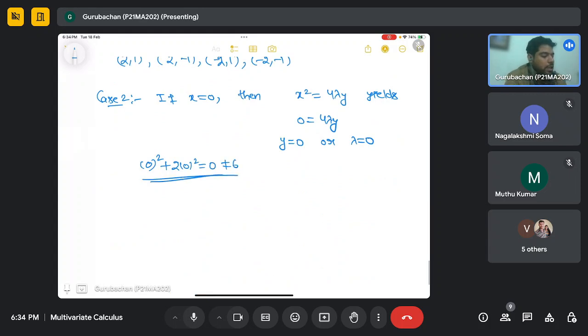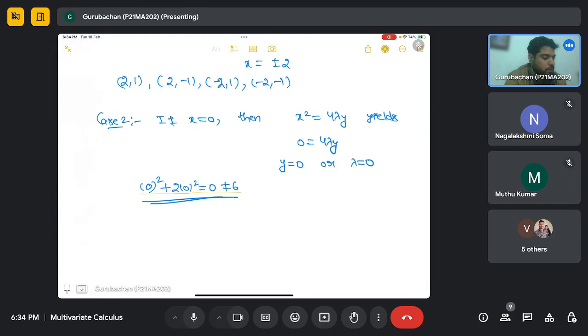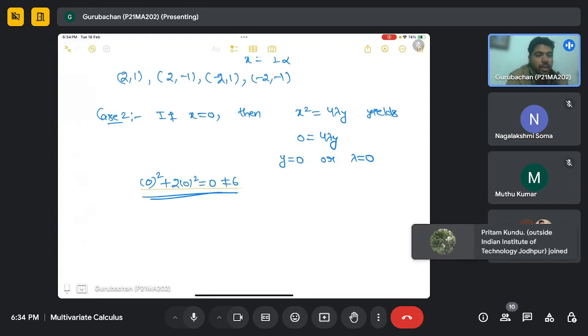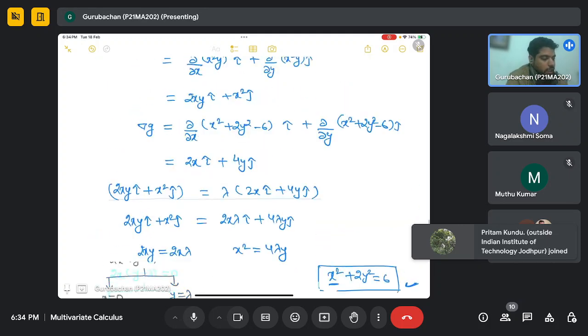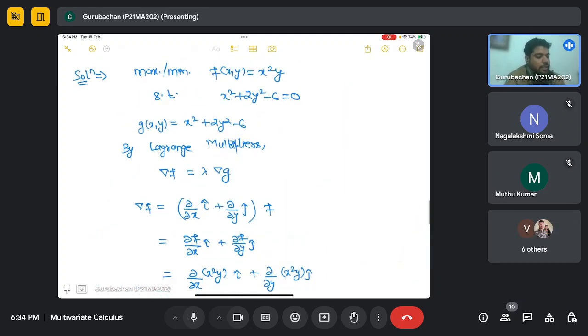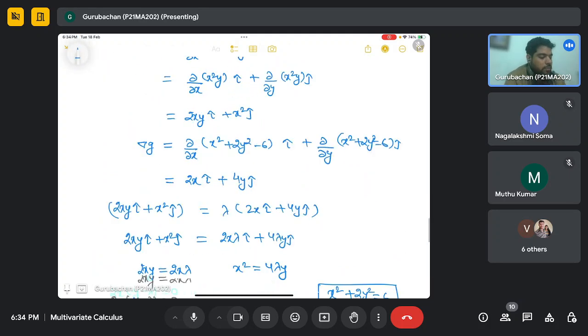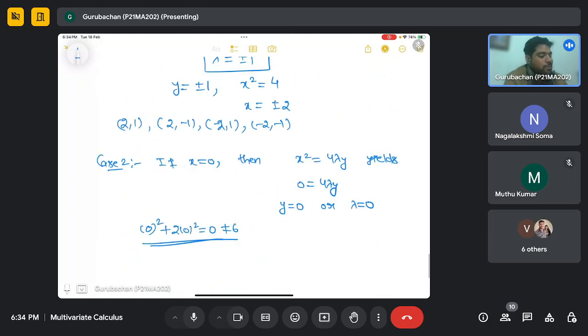So this is not lying on the given ellipse. The other way around is lambda coming out to be 0, which gives nothing of value. So we will consider only these 4 points and calculate the value of f(x,y) over these points.